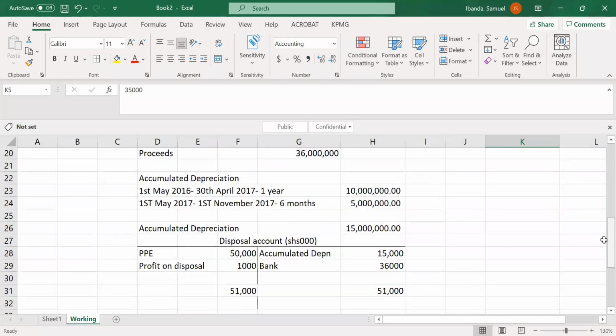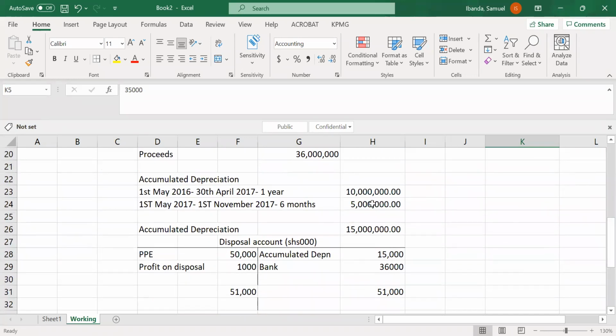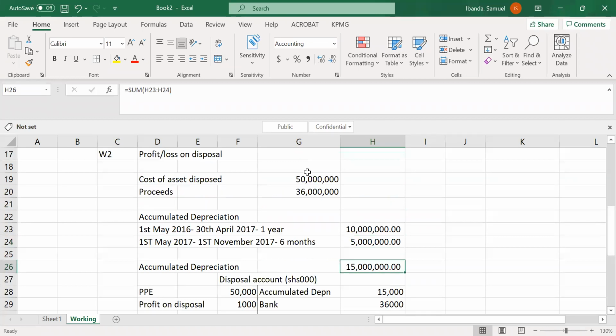You remember we came here and determined the net book value of our asset, because our asset was 50 million. This is the cost of the asset, and the accumulated depreciation was 15 million.